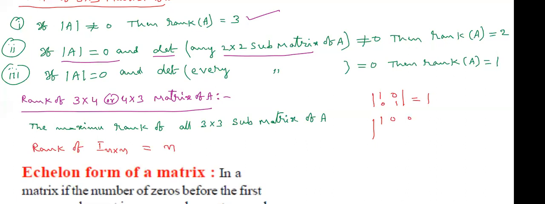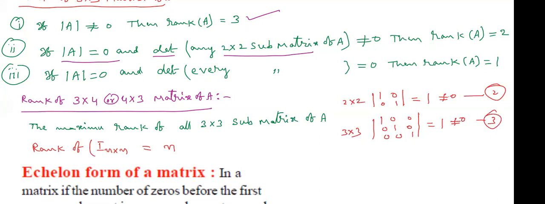For 1 0 0 0 1 0 0 0 1, the determinant of the 3 by 3 matrix is also 1. Both are not equal to 0. This is a 2 by 2 matrix, so the rank is 2. This is a 3 by 3 matrix, so the rank is 3. By observing the order, we say that the rank of the n by n identity matrix is equal to n only. Students, did you understand how to find the rank of a matrix?